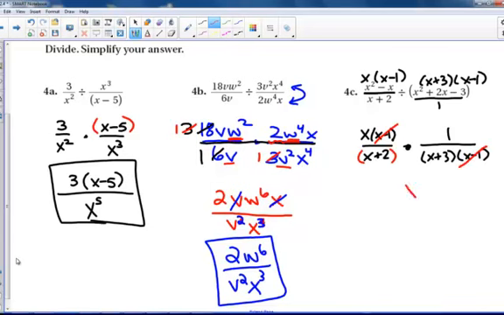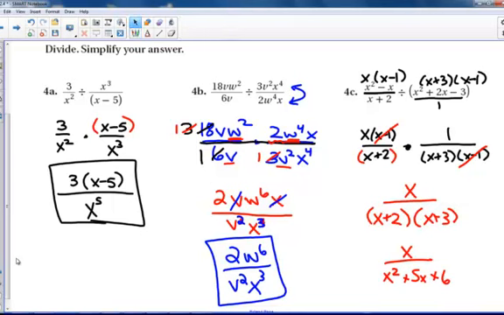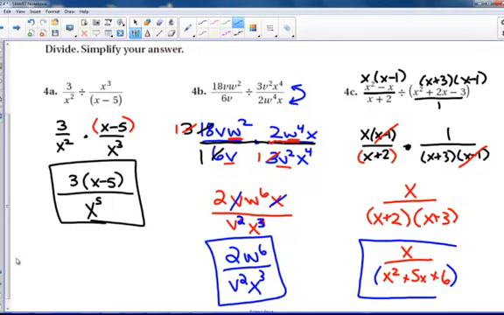So my entire numerator is x. My entire denominator is that x plus 2 linked, and that x plus 3 linked. You could write this with the denominator distributed out, which would be x squared plus 5x plus 6. That's totally cool, but this is now linked as a trinomial, and that can only cancel with another x squared plus 5x plus 6.